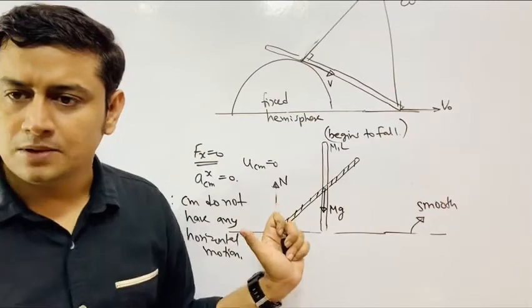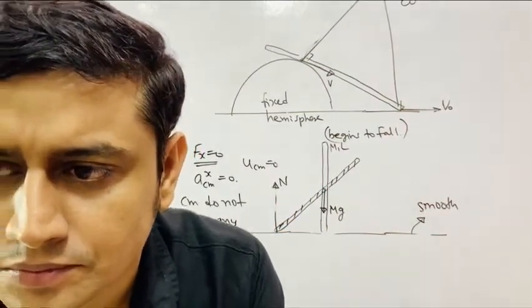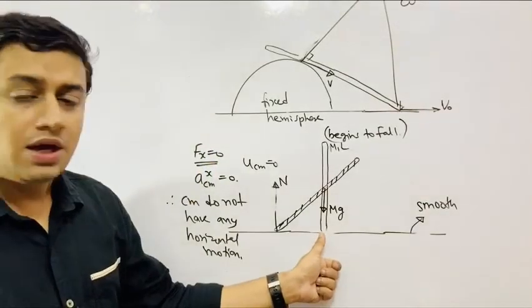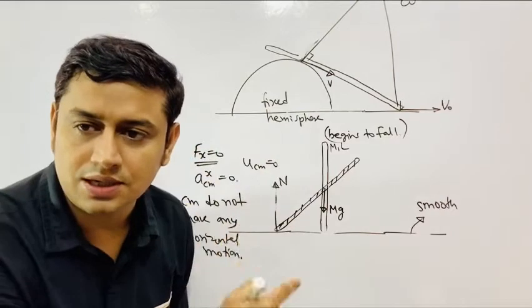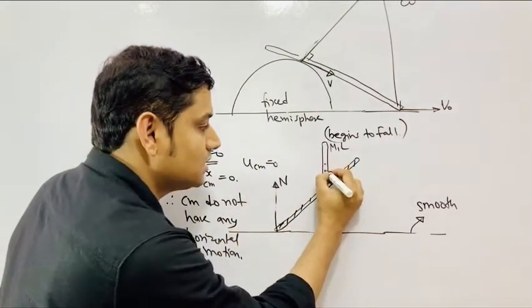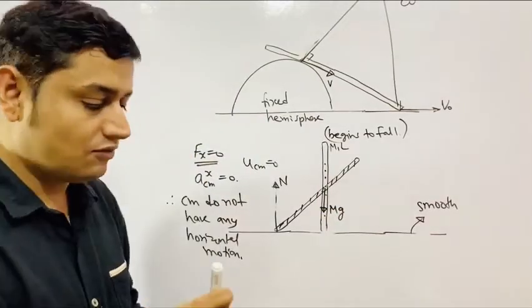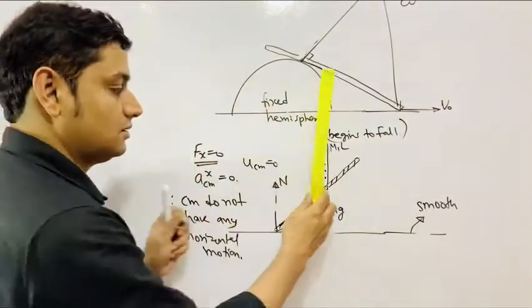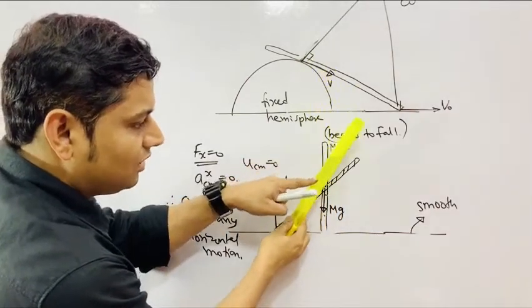Any question, Rohit? There is no component left and right. That means the center of mass moves in a straight line. That means the trajectory of the center of mass is a straight line. Once it was placed like this, it begins to fall, but the center of mass is always falling on a straight line.